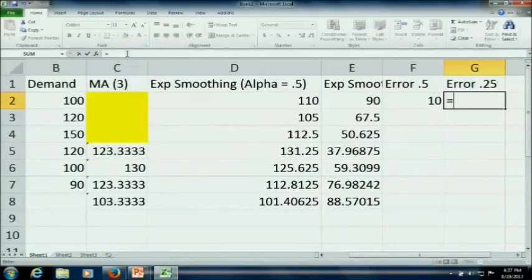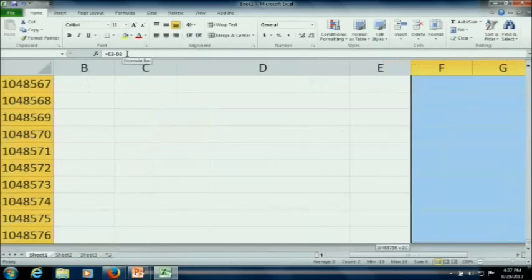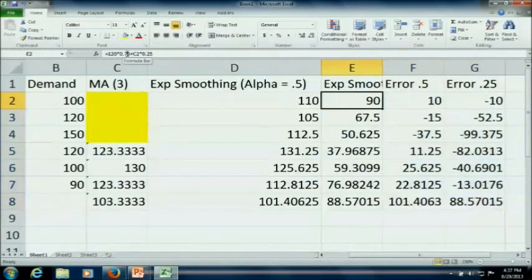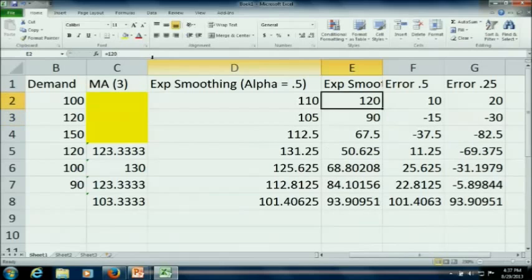Are your formulas correct in there? No, this one is... Yeah, I went to C instead of B. This one should be just 120. I messed that up. Okay.